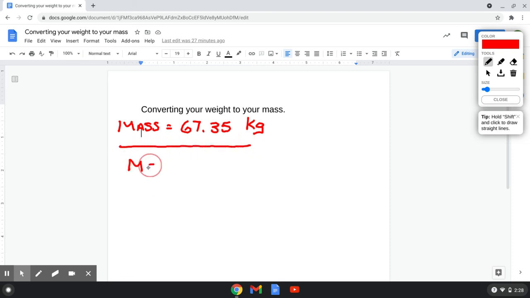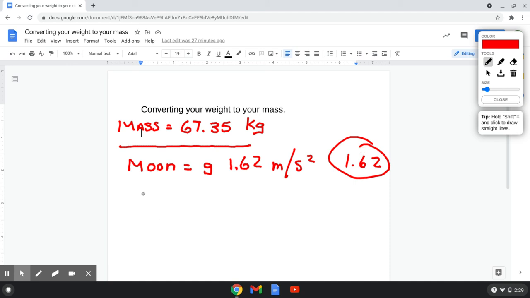On the moon, the only thing you need to know is the gravitational acceleration, and since the moon has weaker gravity than the Earth, it's 1.62 meters per second squared. We said that on the moon you would be about 25 pounds, not exactly, so that's another way our calculations will be off a little.